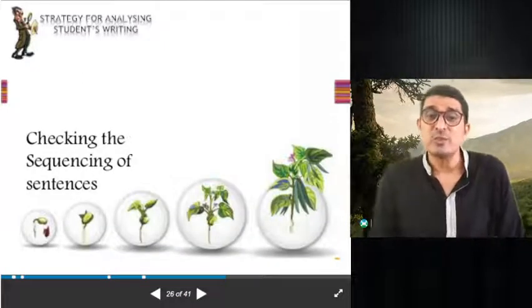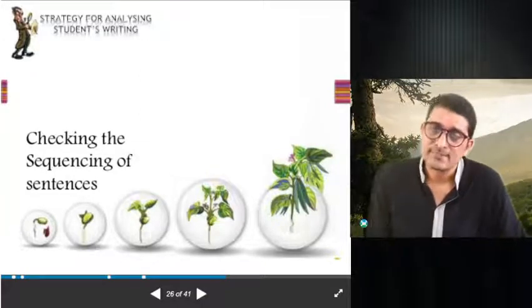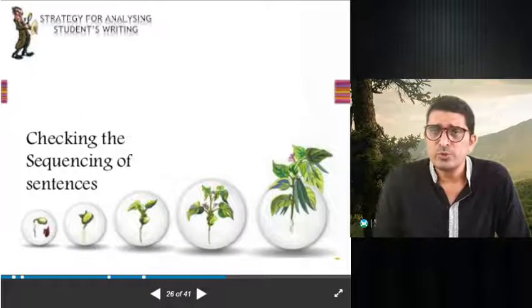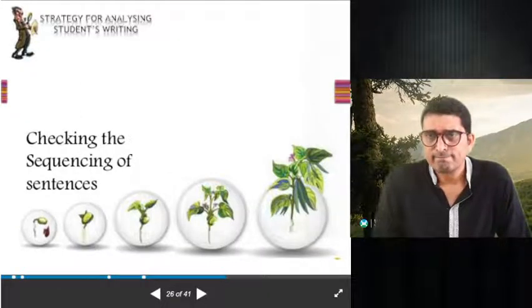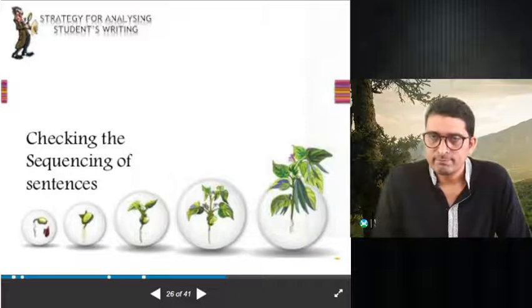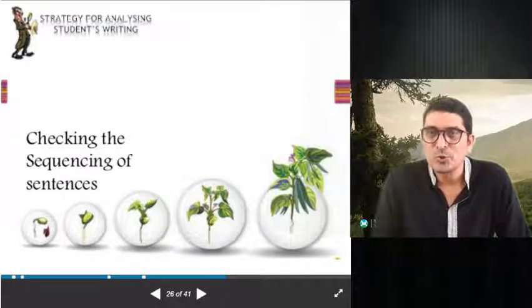Then checking the sequencing of sentences. This is also important. We should be able to make use of some sequencing words. For example, if you say, I was ill yesterday, I did not come to school, then you should make use of the word so.